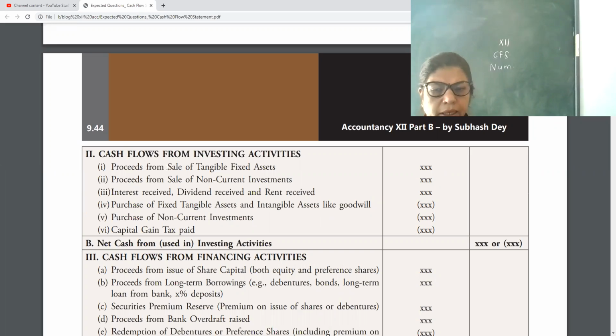If that is a sale, the amount is positive because it is an inflow. If that is a purchase, the amount will be negative, an outflow.